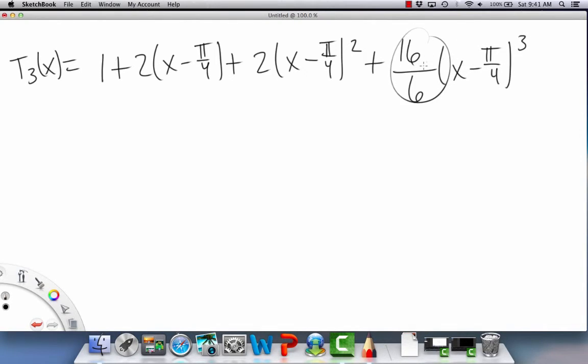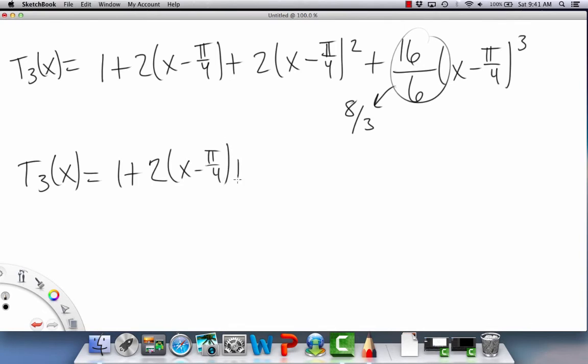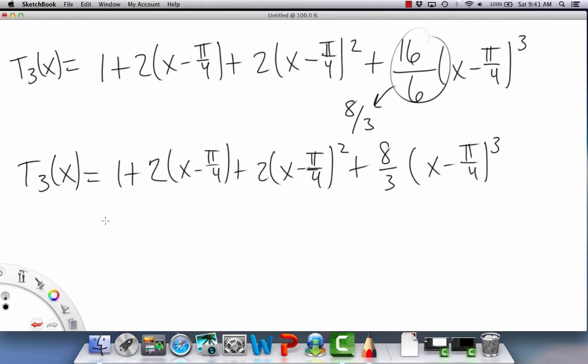We simplify this term by dividing by 2, so this is 8 over 3. The final answer is 1 plus 2 times x minus pi over 4 plus 2 times x minus pi over 4 squared, plus 8 over 3 times x minus pi over 4 to the third. And that's our third Taylor polynomial.